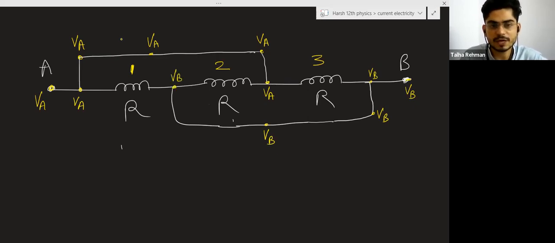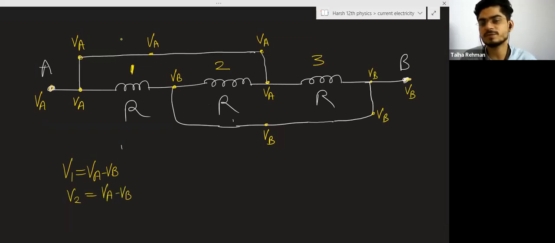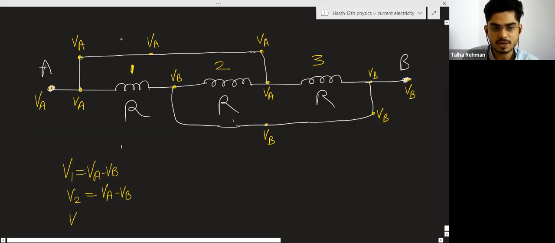Now if you want to calculate the potential difference across R1, you will get VA minus VB. Across R2, you will get VB minus VA, and since the magnitude of VA minus VB or VB minus VA is the same, you can write VA minus VB. For V3, the potential difference across R3 is also VA minus VB. So all the resistances have the same potential difference.